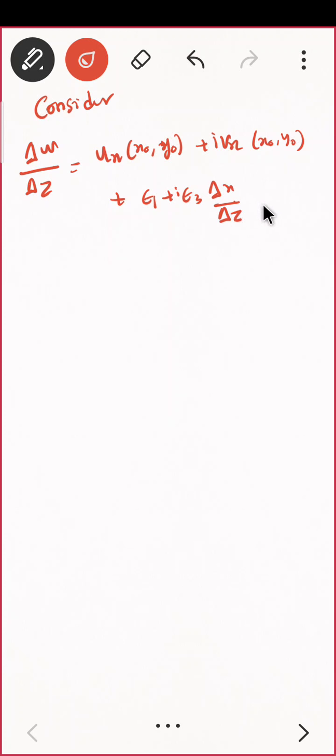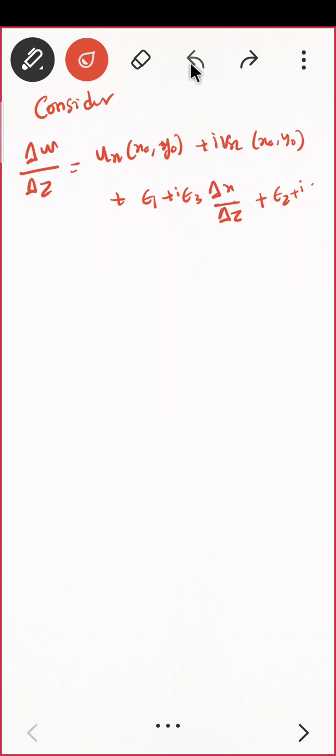First क्या आएगा? ux at x naught y naught plus I vx at x naught y naught plus epsilon 1 plus I epsilon 3 delta x by delta z plus epsilon 2 plus I epsilon 4 multiplied by delta y.